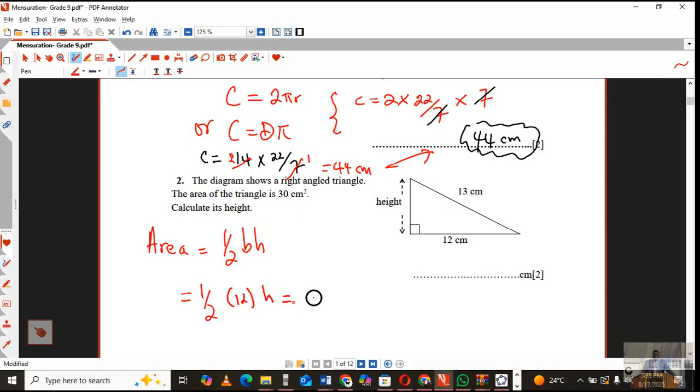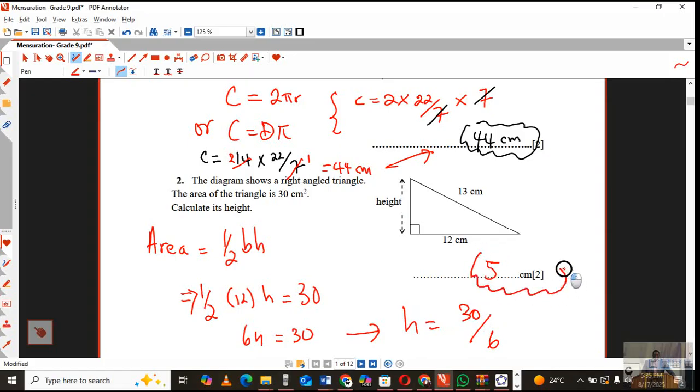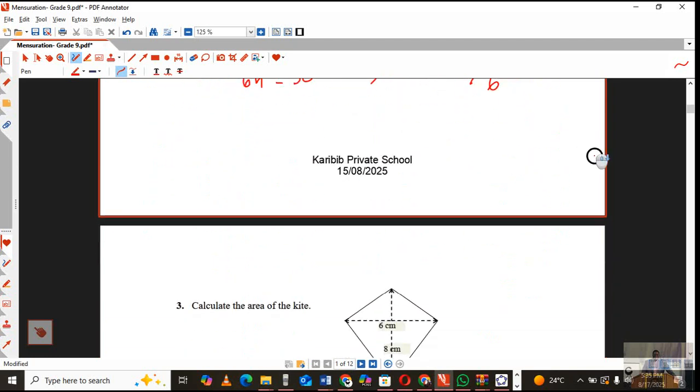The height is what we don't know, but we are given that the area is equal to 30. So half of 12 is 6, so 6h is equal to 30. And then you can calculate the height: the height will be 30 divided by 6, which is 5 centimeters. Just using the formula, substituting and finding the unknown.